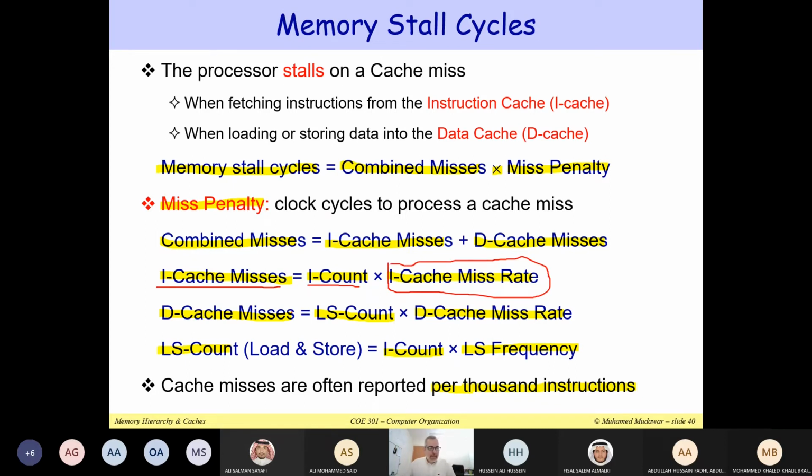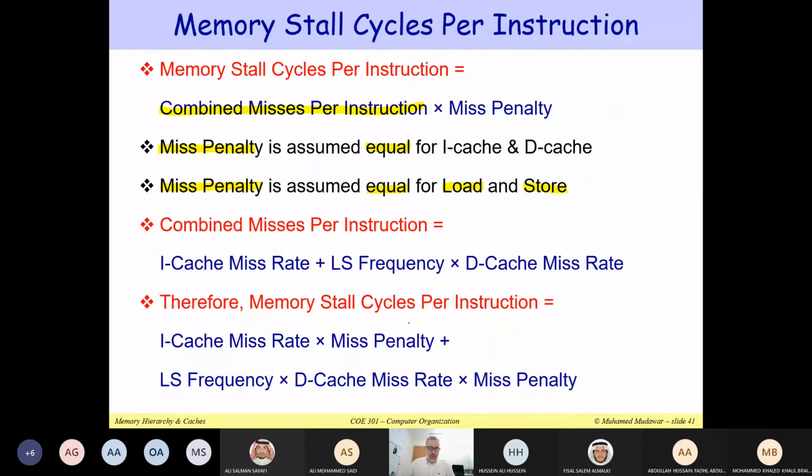That's per instruction. In the case of the data cache misses, when you divide this by the instruction count, you get the load store frequency multiplied by the data cache miss rate. So let us take a look at the equations here. Per instruction, when you look at the combined misses per instruction, you look at the I cache miss rate because every instruction is fetched from the instruction cache.